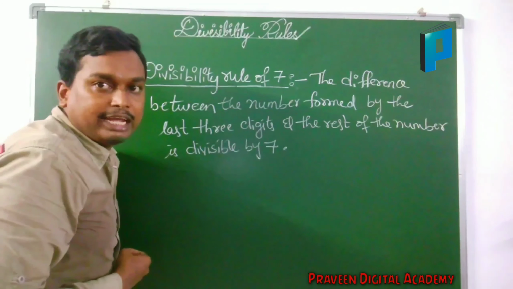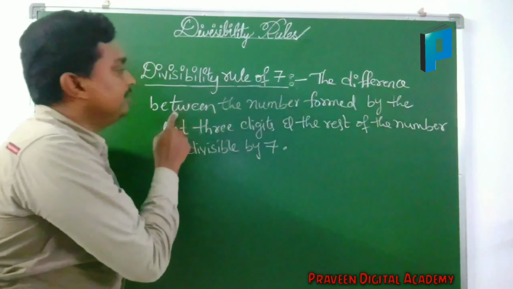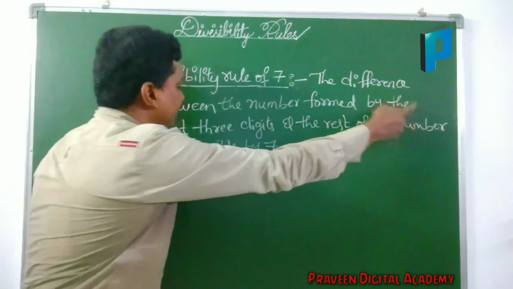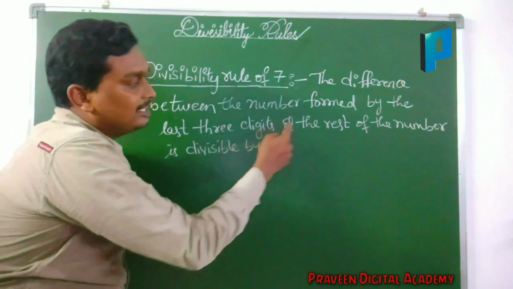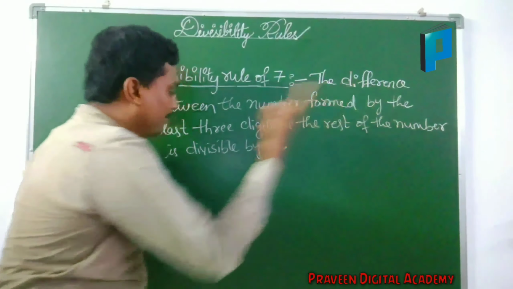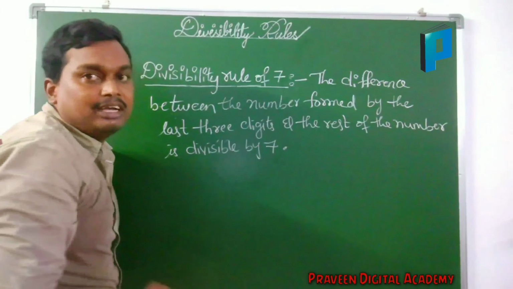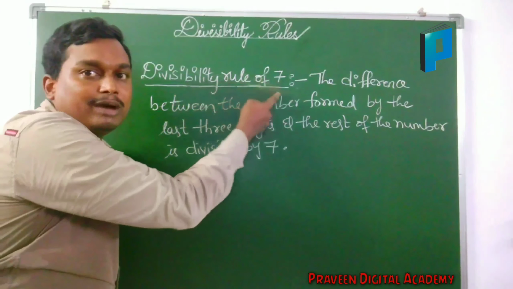Here what we are saying is, if the difference between the number formed by the last three digits and the rest of the number is divisible by 7, then the total number is divisible by 7.